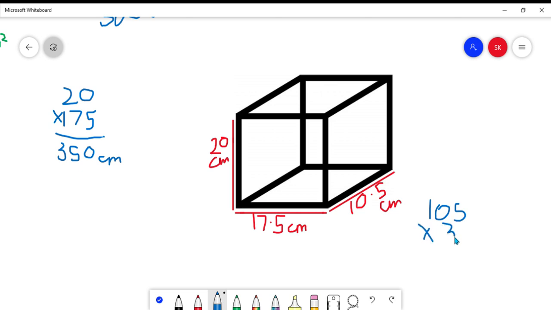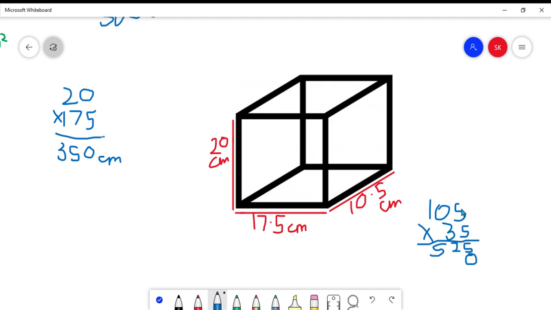105 times 35. So 5 times 5 is 25. Then 5 times 0, 0. Add the 2, gives us 2. And 5 times 1 gives us 5. And then add our extra 0 placeholder.